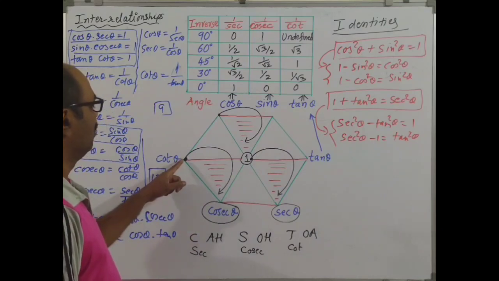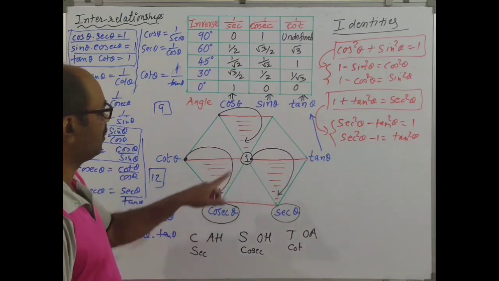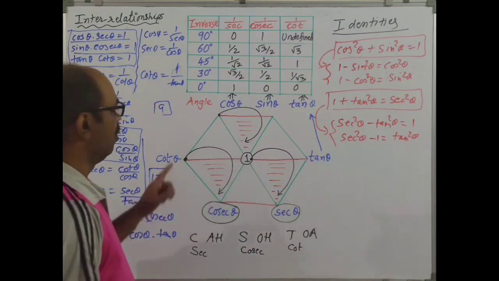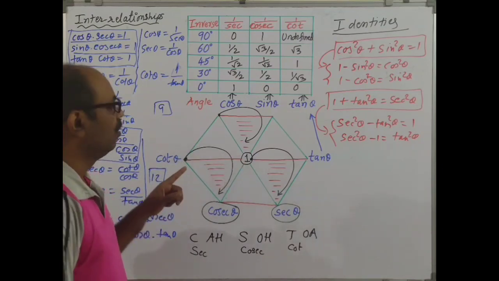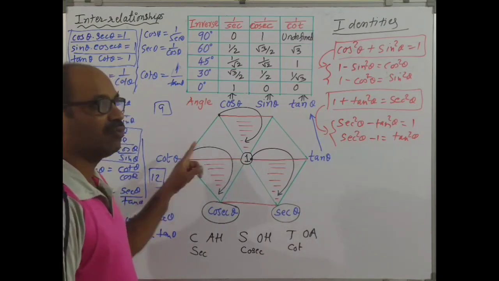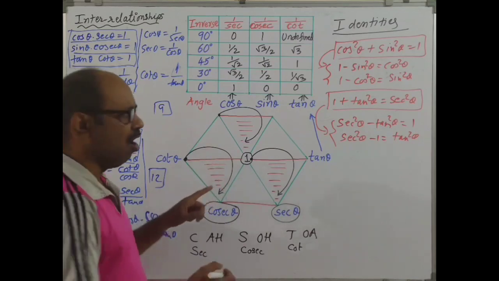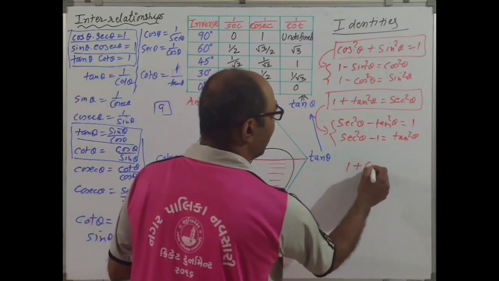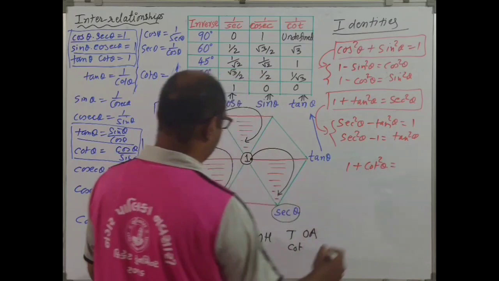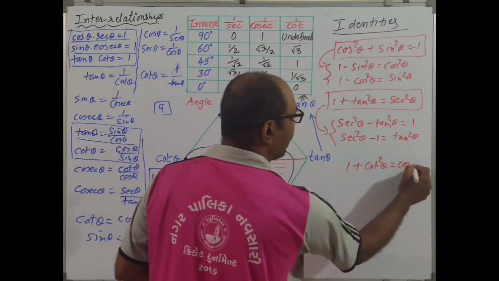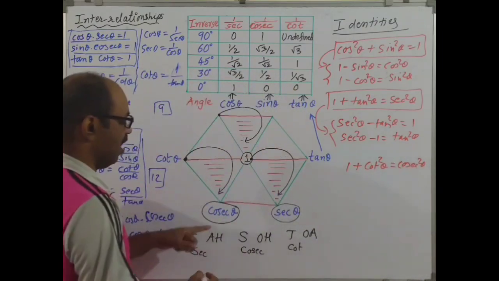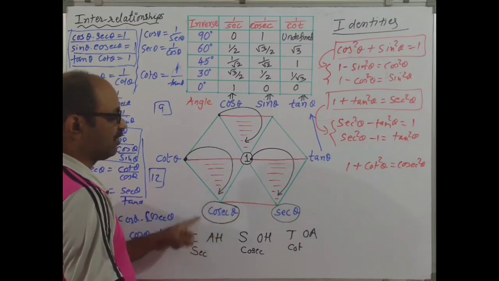And the third one, yeah, cot square plus 1 is equal to cosec square. Cot square plus 1. Okay, so you may write first cot square, then plus 1, or as you know, you can write that as 1 plus cot square theta is equal to cosec square theta. Now from here, alone is cosec, I have put circle.